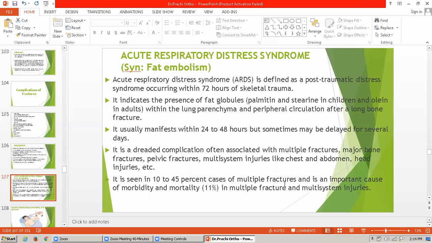There is about an 11% mortality rate in ARDS in cases of multiple fractures and multi-system injuries.